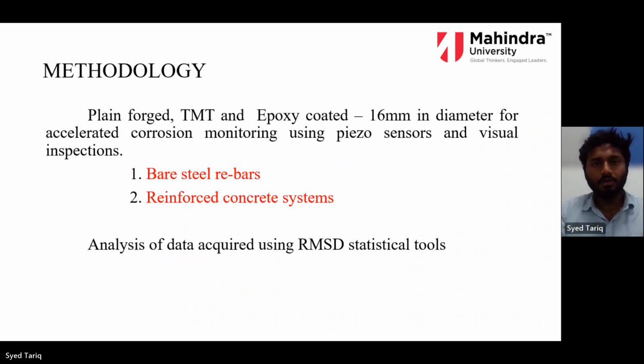So without cover, how long does the steel bar take to corrode, and with concrete cover, how does the steel bar corrode when exposed to the chloride-induced corrosion environment? The difference in the data is acquired and analyzed by RMST tools.